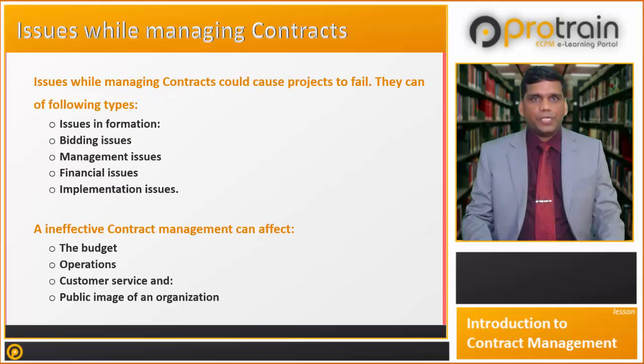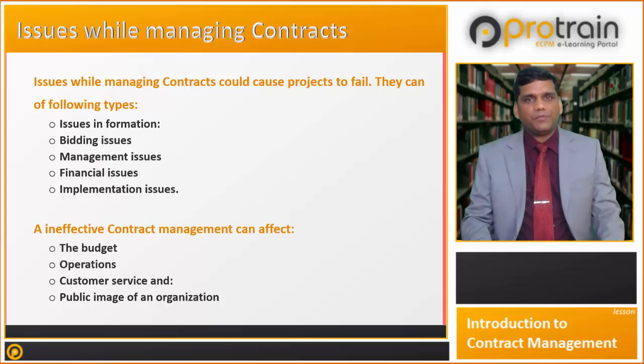It starts from the issues during the formation stage of the contract. So let us see what issues can come during the formation of a contract. It includes poorly defined terms and conditions, contradictory drawings or technical specifications, and failure to include clearly defined provisions such as damages and price adjustment, which could lead to scope creep.